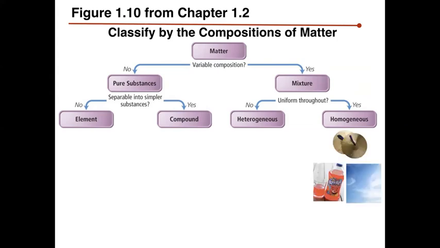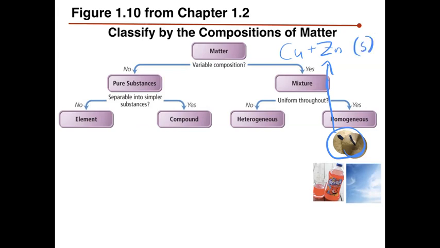So for example, brass would be homogeneous. You might be like, wait a second, why is it homogeneous? Why is it not a compound? The reason is that brass is composed of a mixture of zinc and, actually, mainly copper. Copper added together with zinc, they mix uniformly in a solid state.